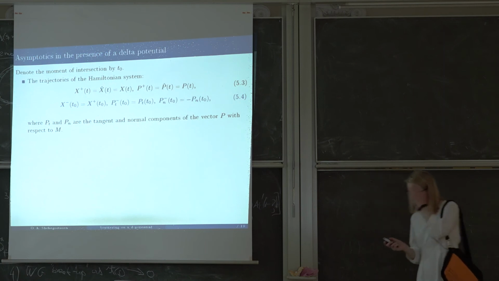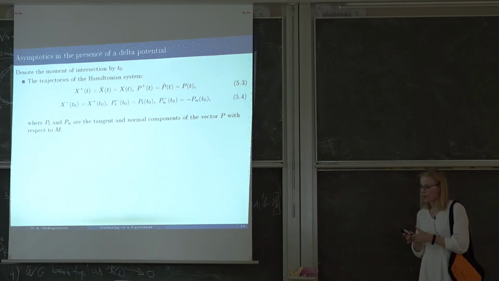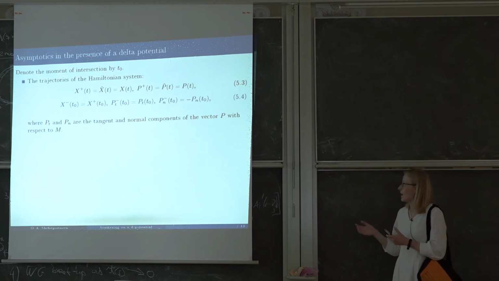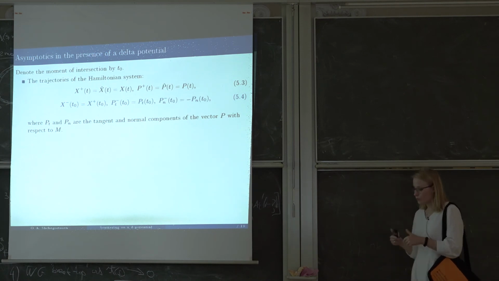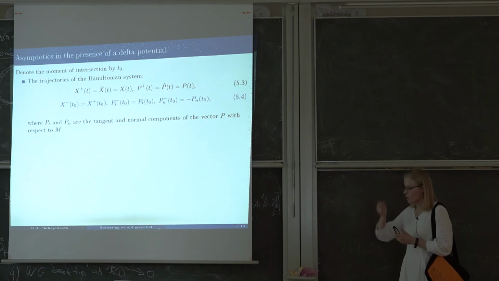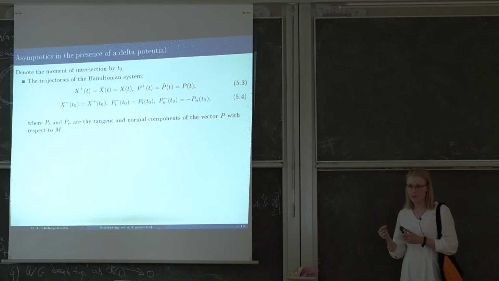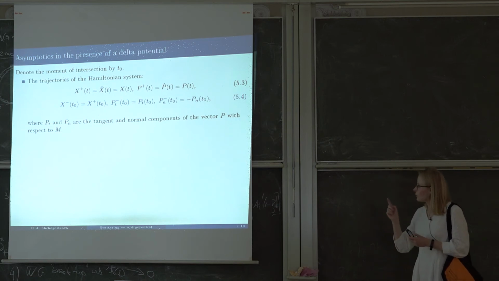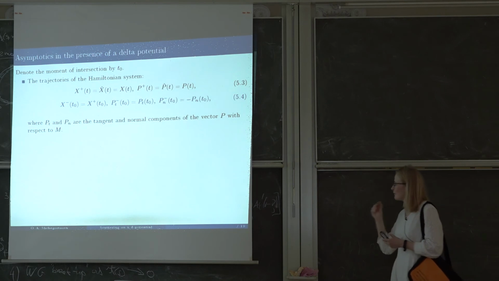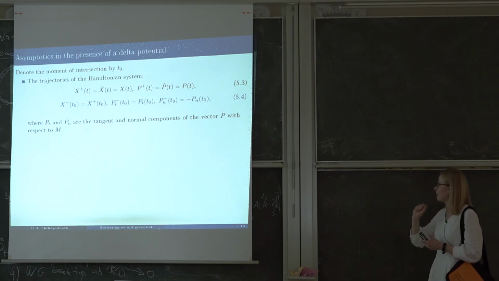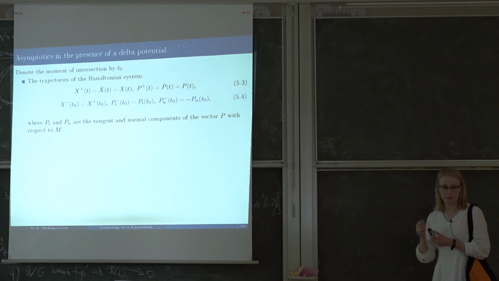As we remember, our solutions of the Hamilton-Jacobi equation in the case of a smooth potential depend only on time. They don't depend on space coordinates. That's why, if we want to define boundary conditions, we will define them at the point t0. t0 is the moment of intersection, and we assume that our trajectory of the Hamilton system crosses the surface M only one time.